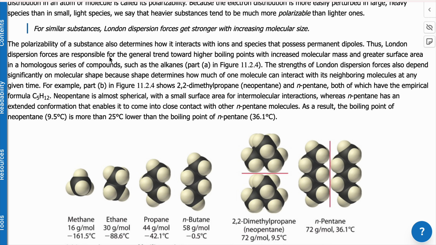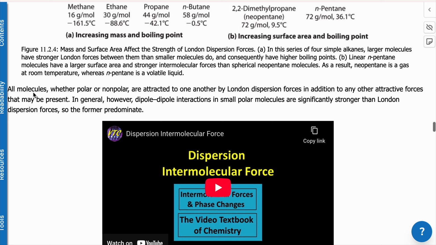London dispersion forces are responsible for the general trend toward higher boiling points with increased molecular mass and greater surface area. All molecules, whether polar or non-polar, are attracted to one another by London dispersion forces in addition to any other attractive forces that may be present.